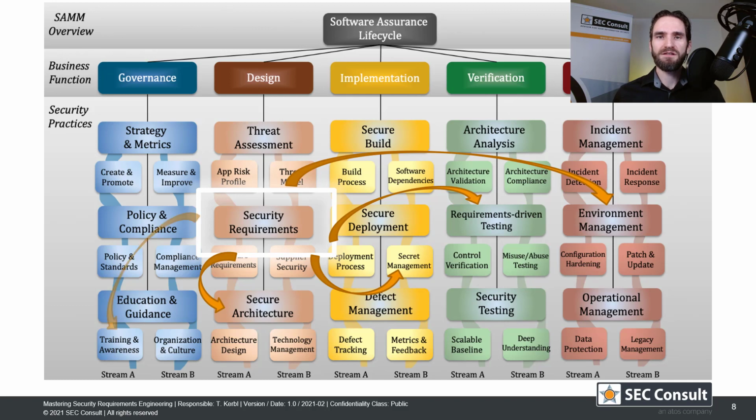And last but not least, we also have an effect in the governance area. Just one example, training and education. If you don't specify in detail what you want from a security perspective in your application, in your security requirements, chances are that the development team, the architects and so on will miss some of those points. You might assume that denial of service prevention is standard, that's normal, we don't have to define this.